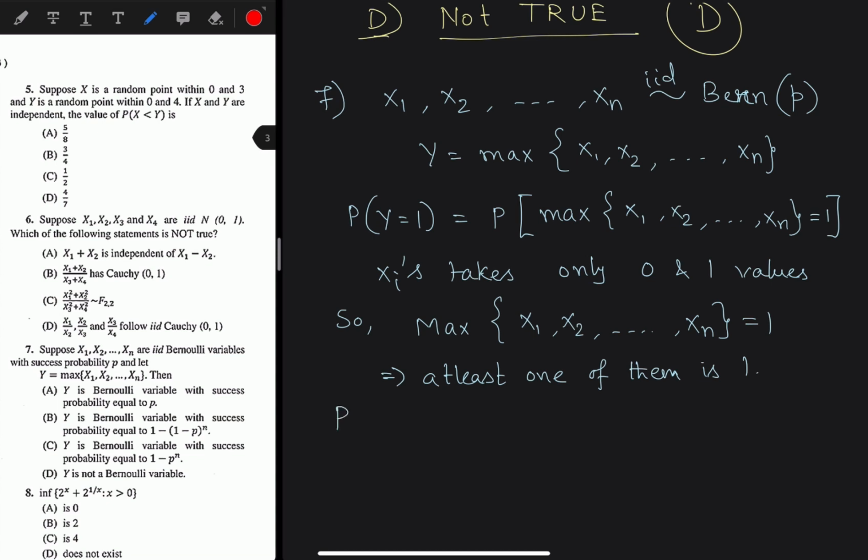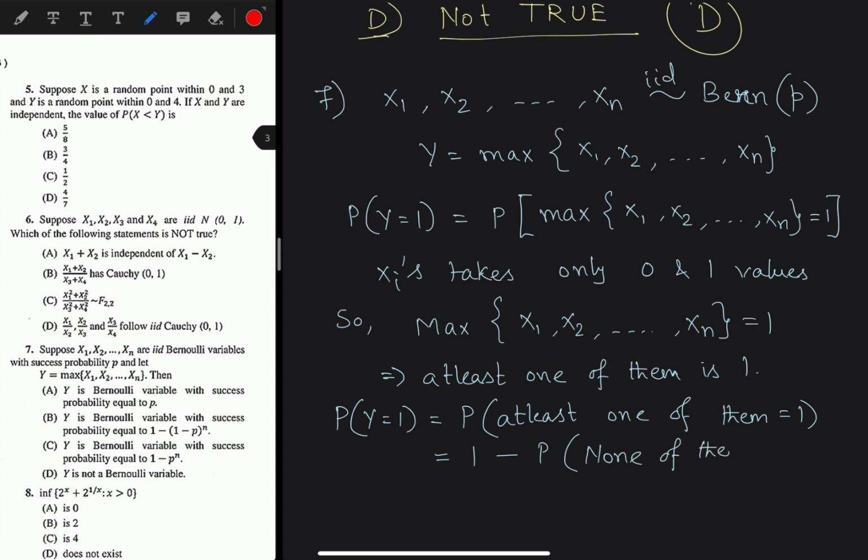So the probability of y equal to 1 means the probability that at least one of them is equal to 1. Now we know from childhood that the probability of at least one of them is 1 minus the probability that none of them is 1.